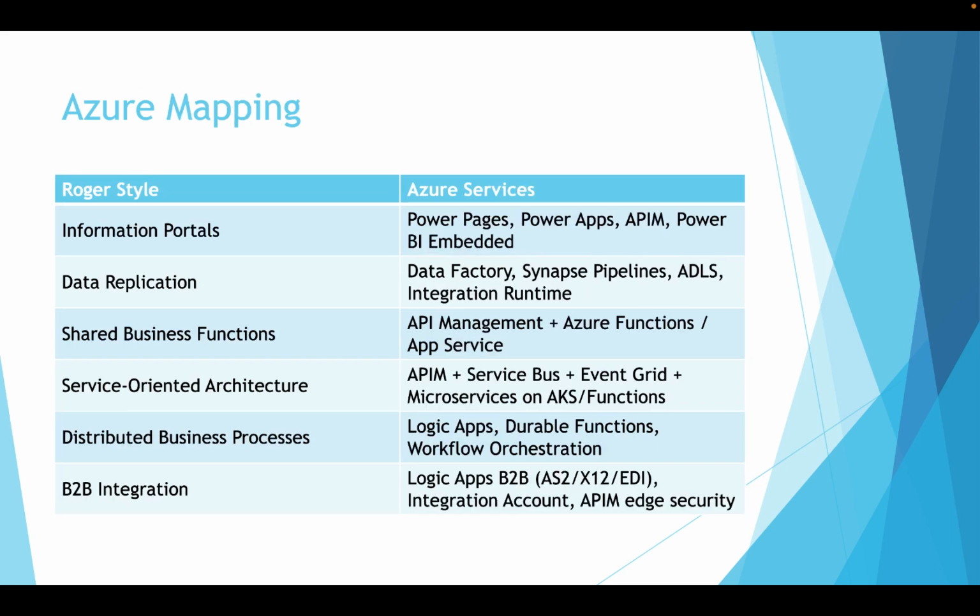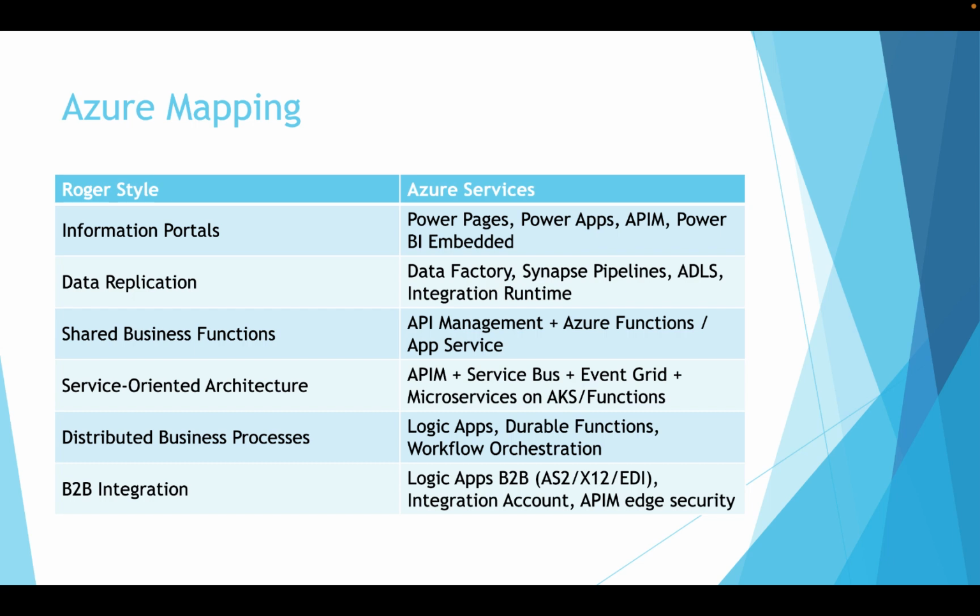The next one is mapping between the services and these styles. For the information portal, we use different services, like API management, which is commonly used. We can use Power Pages, Power Apps, and Power BI Embedded.